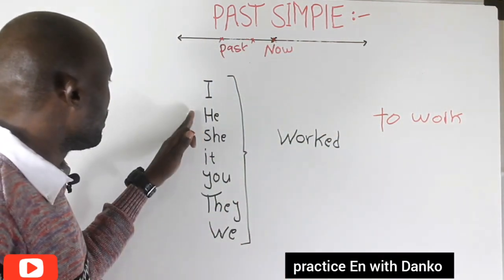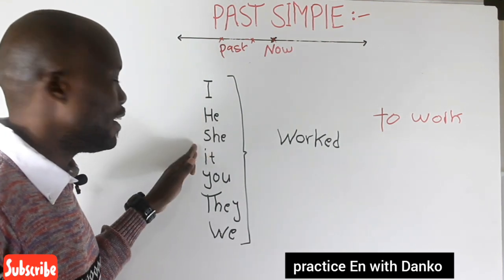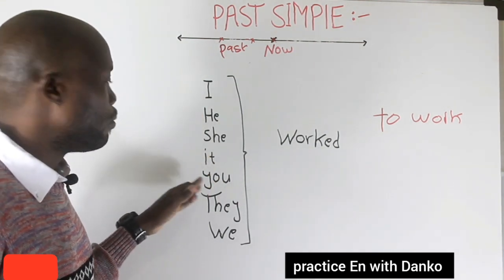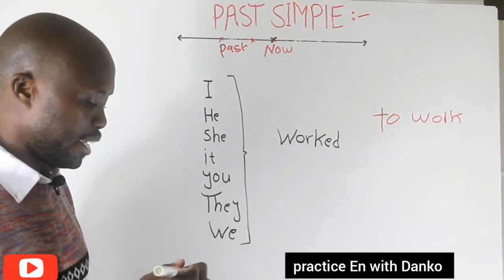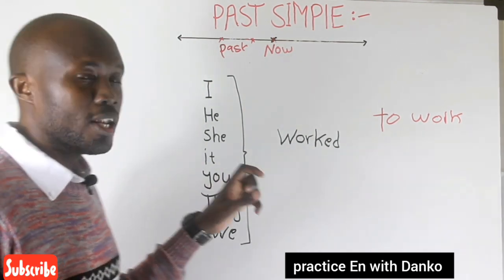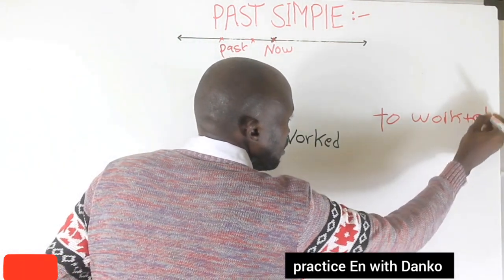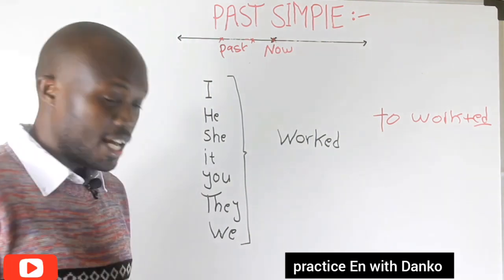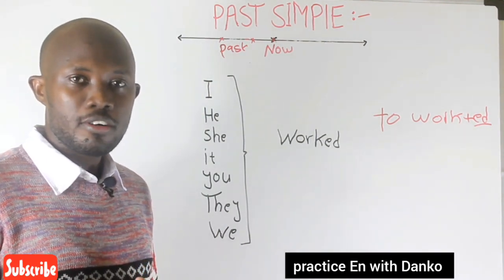For this group, I, he, she, it, you, they, we, we just add ed to the verb. That is called a regular verb.